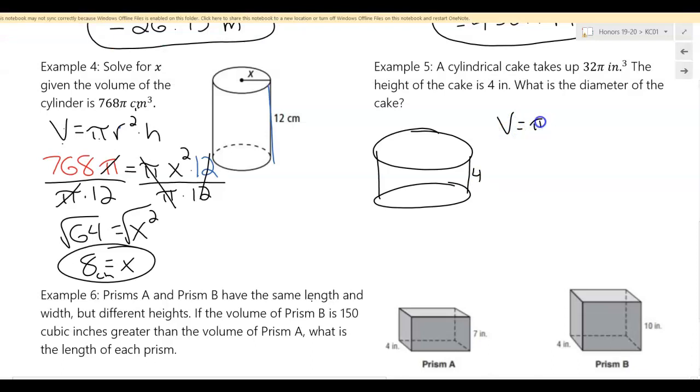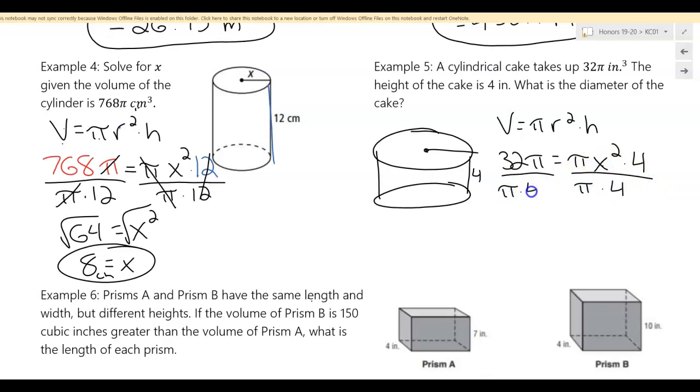Volume equals pi r squared times height. I know my volume. I don't know my radius. I know my height is 4. Again, to get x by itself, I need to divide by both pi and 4. And I'm left with 8.